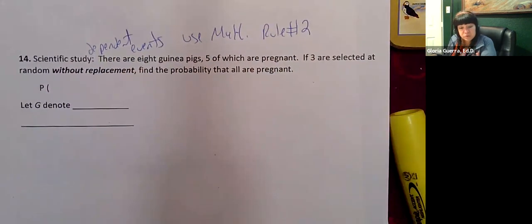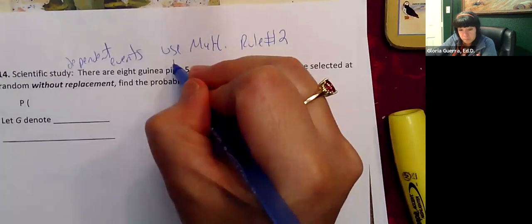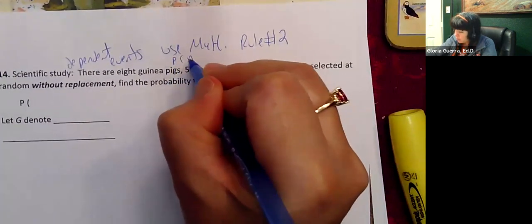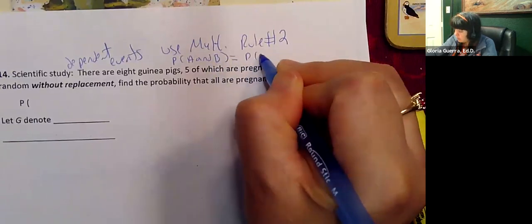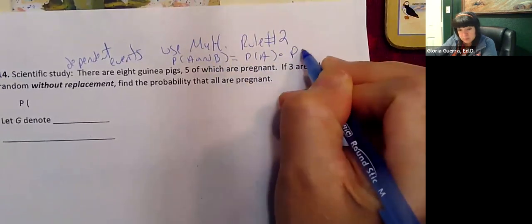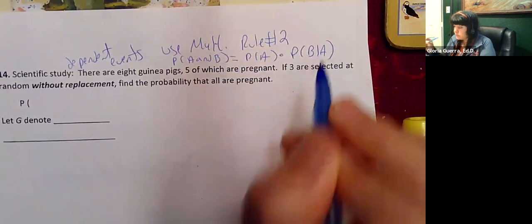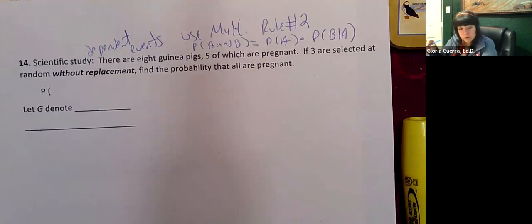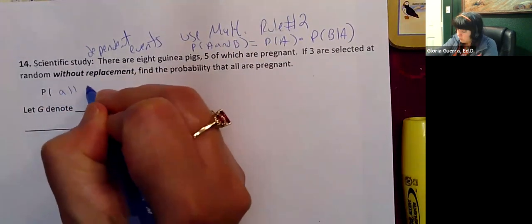And that means that we're going to use multiplication rule number 2. And that says probability of A and B is equal to probability of A times probability of B given A. And we're going to let P find the probability that all of them are pregnant.